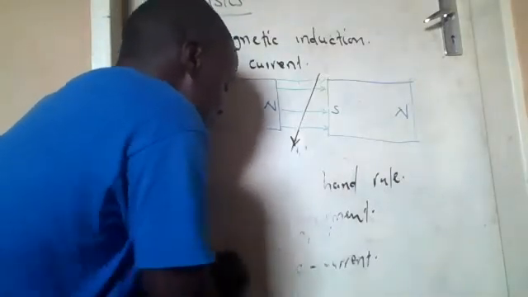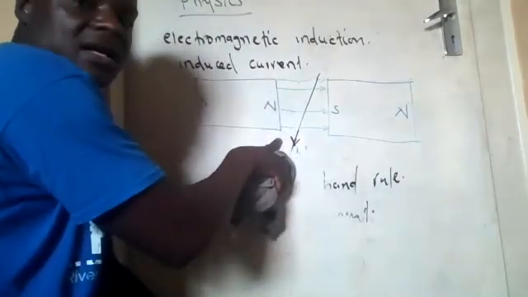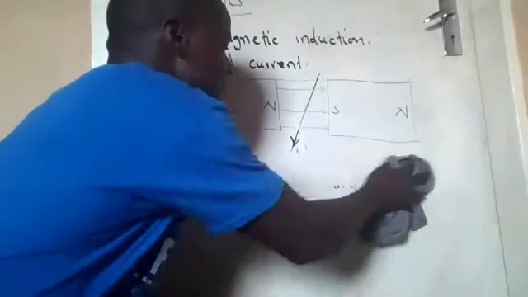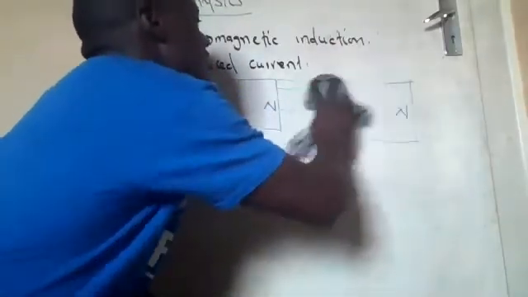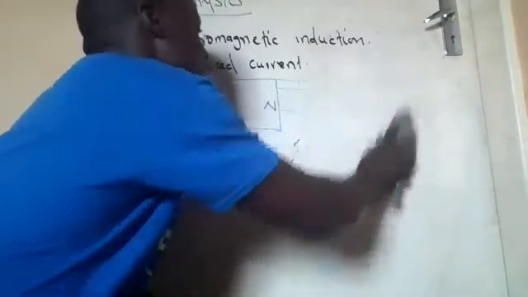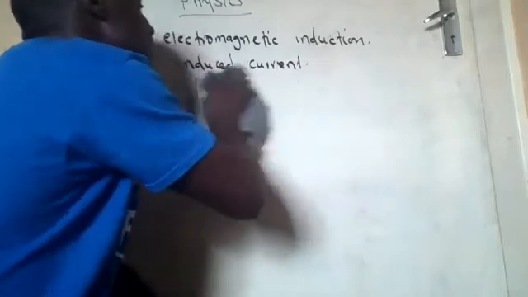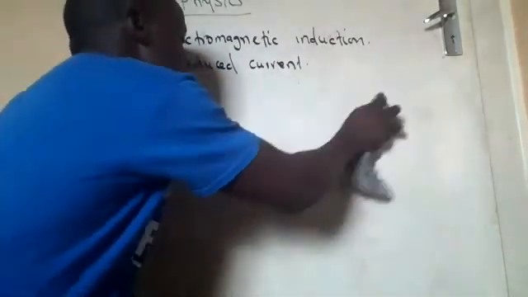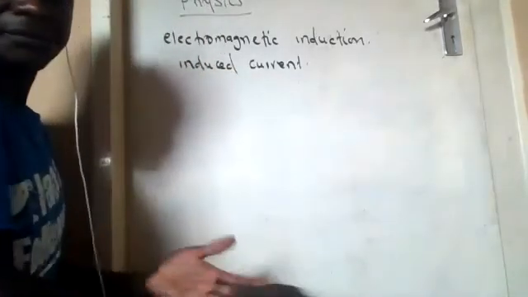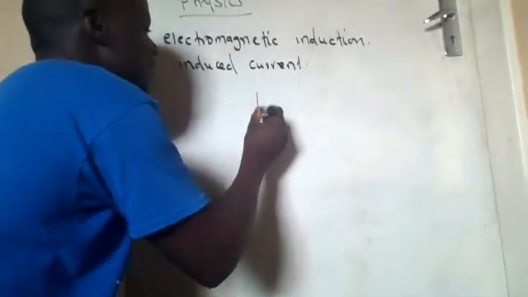Remember, I said that the production of current is done not by a single wire, but by a number of wires that are wrapped up in what we call a solenoid. How can you demonstrate the induced current being produced by electromagnetic induction by the use of the solenoid? So what to do here, we need to have the solenoid.